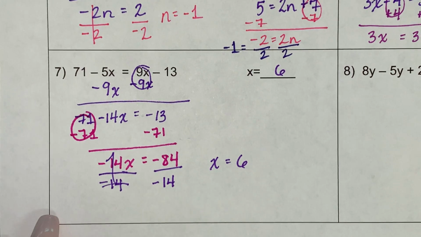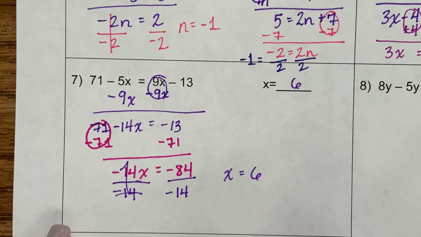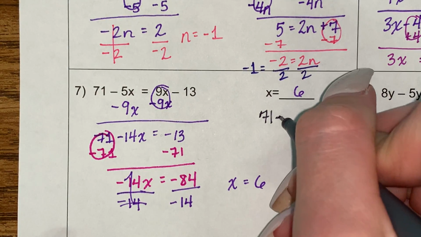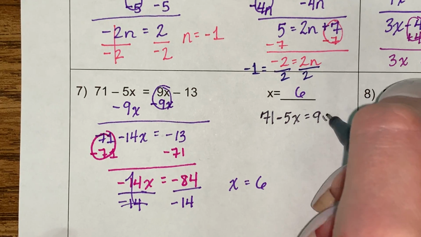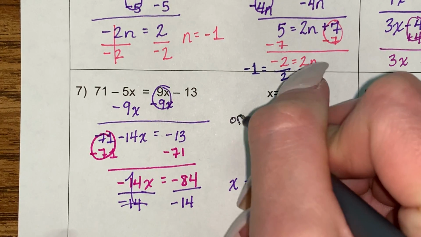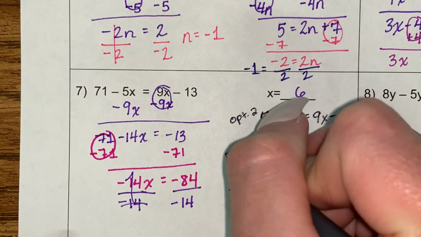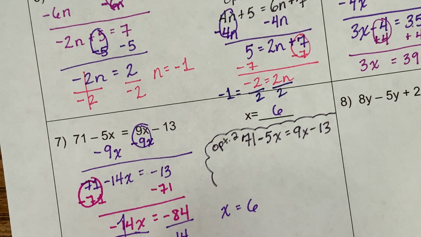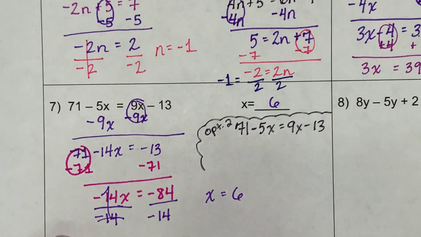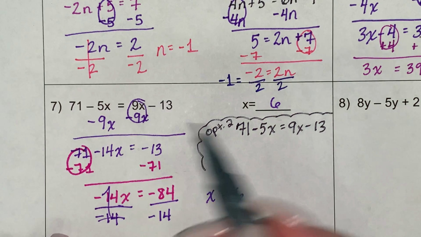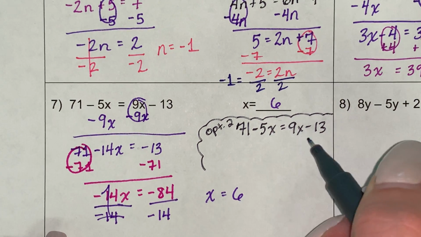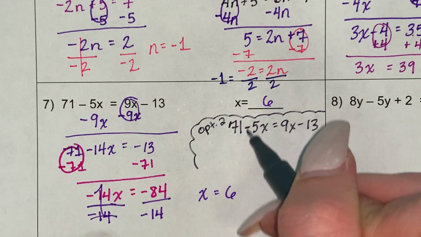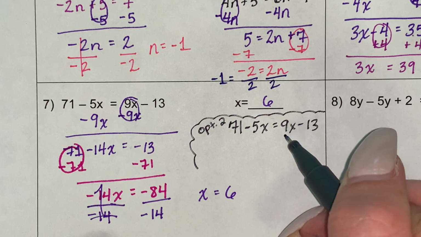Now option 2, if you are a positive person, 71 minus 5x equals 9x minus 13. So this is option 2. Option 2 is instead of moving that 9 over to the left, you would move this negative 5 over to the right, because you would be thinking, okay, the smaller of the numbers is the negative 5, so I'm going to move it to the other side.